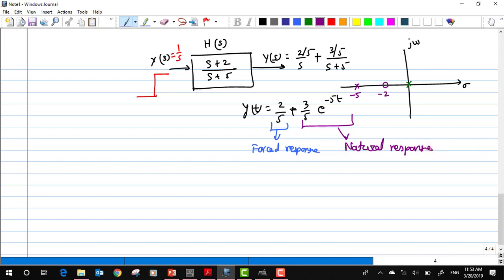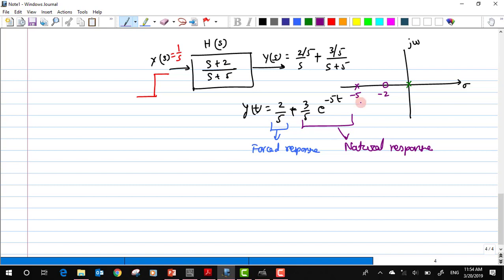Now can you identify which are the components that are contributing to which part of my output y of t? Who is responsible for this natural response? The pole of system or the pole of my input?